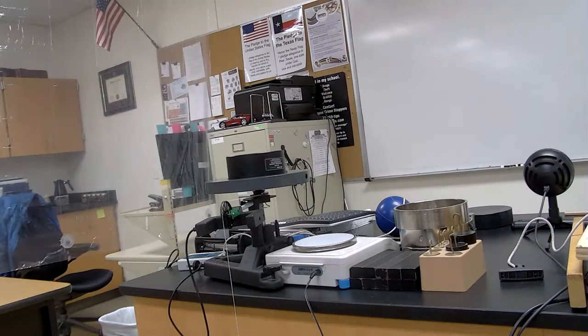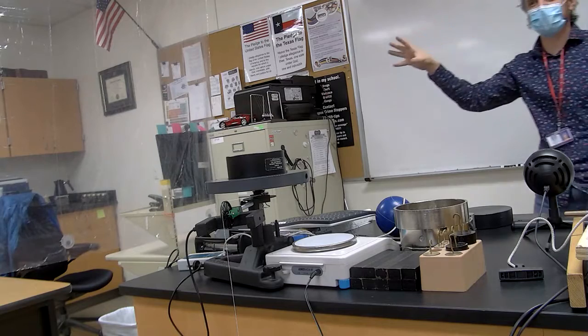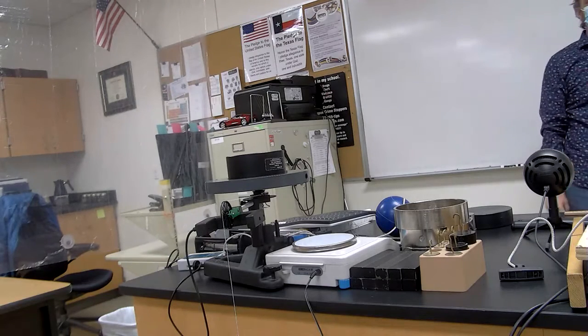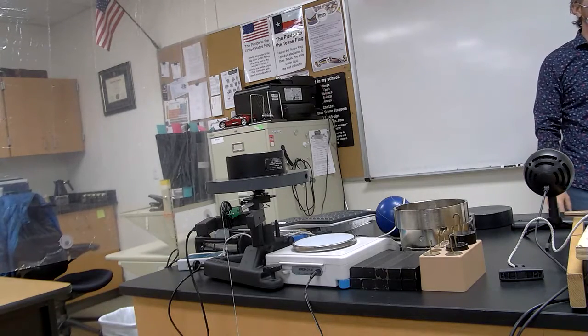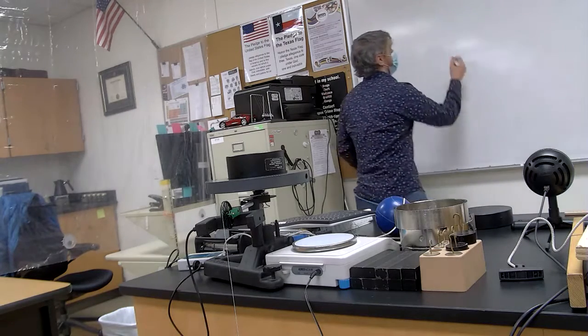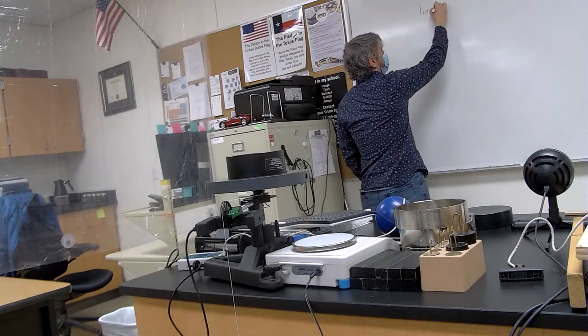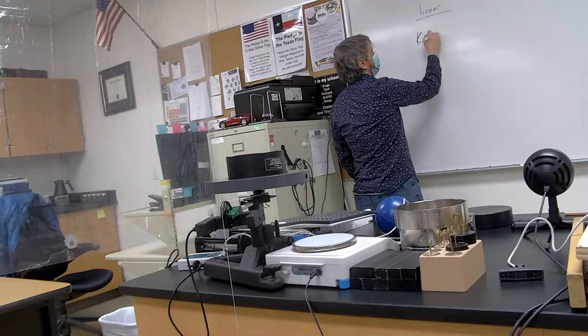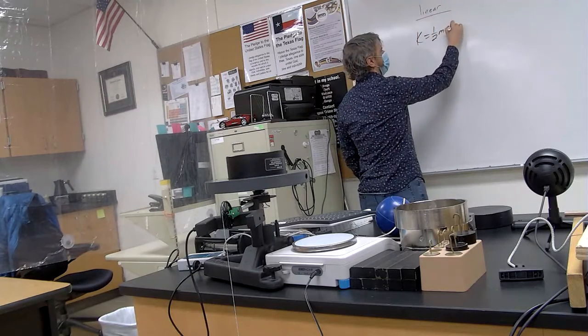So rotating objects have rotational energy. As this object starts to roll down the slope, the potential energy gets converted to the linear kinetic energy and the rotational kinetic energy. Okay? And so the linear kinetic energy equation is 1/2 mv squared.